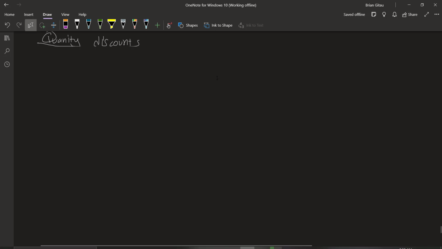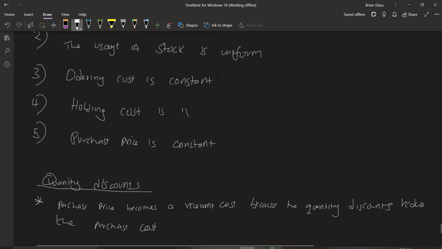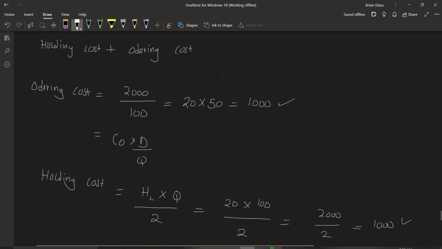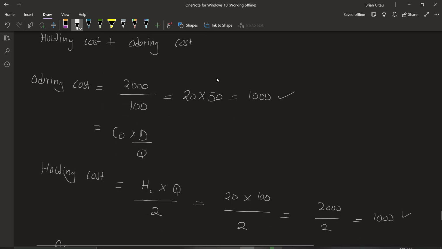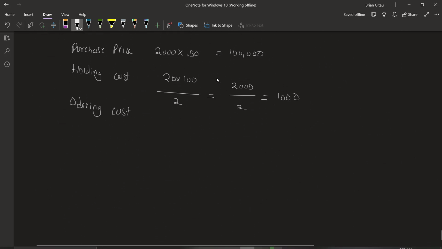So the ordering cost will be 1,000 again, since it will be 2,000 divided by 100 times 50. This will give us 1,000 again.